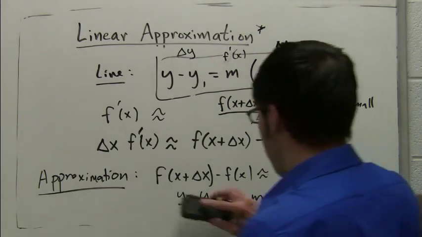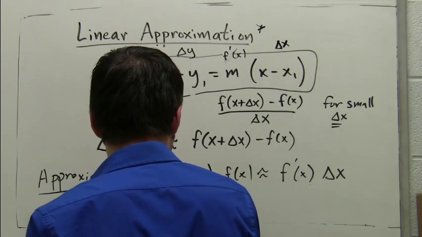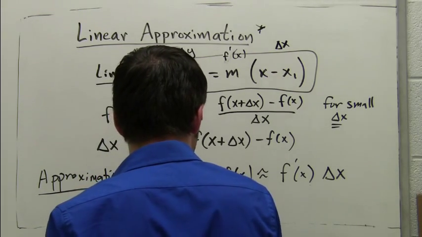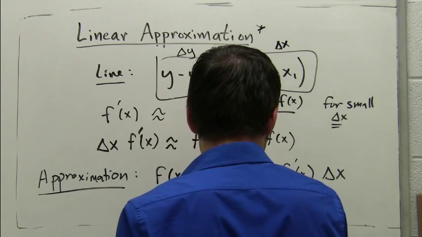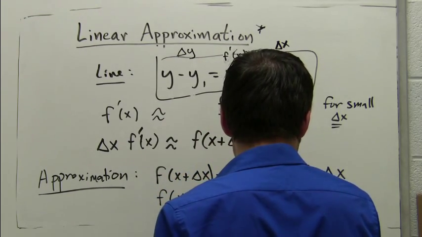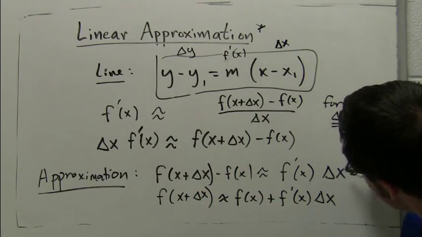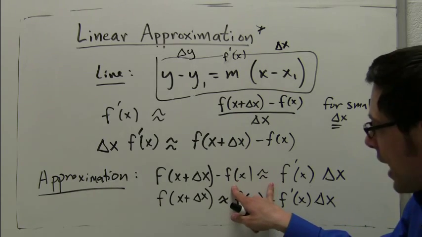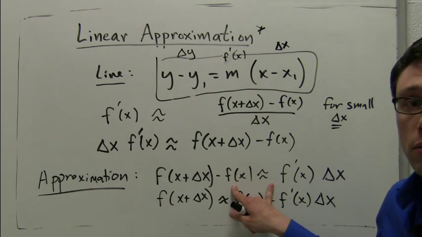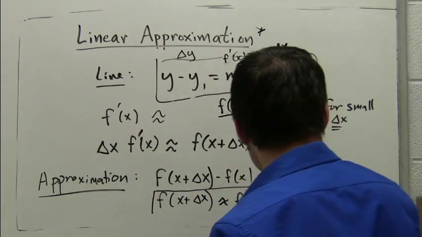But if I rewrite this a little bit, I can say that f of x plus delta x is really approximately f at x plus f's derivative at x delta x. Notice that all I did in going from this step to this step is I simply took this equation and I added f of x to both sides. That's it.